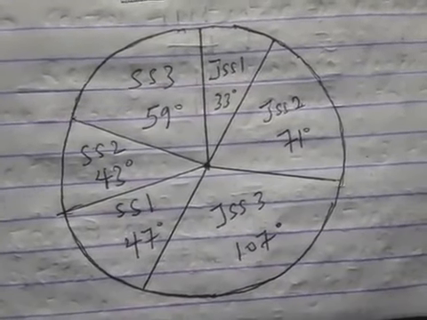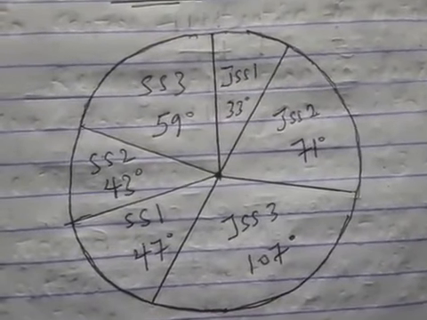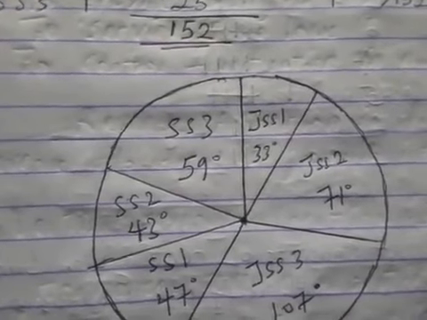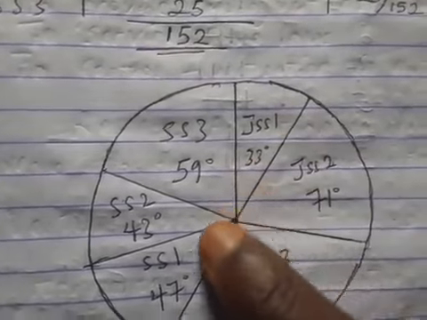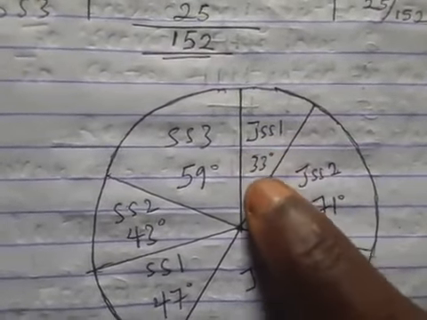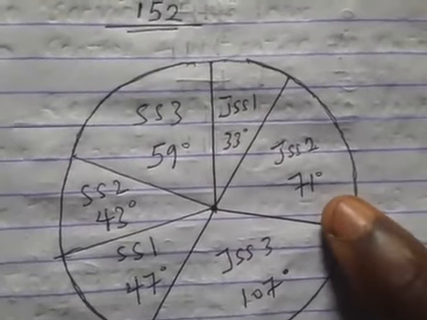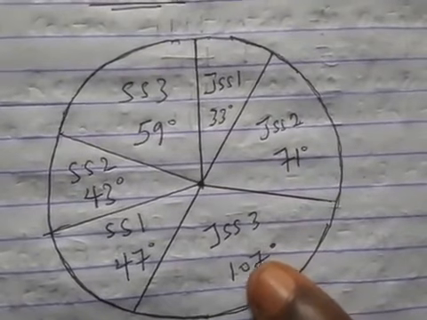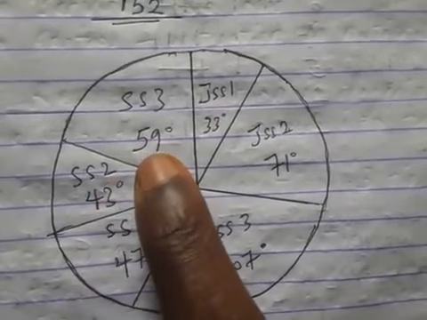So we apportion it to each class. You can see JSS1 has 33 degrees. I think that is the smallest, so they will have the smallest part in the sector. JSS1 33 degrees, JSS2 71, a larger part. JSS3 107, SS1 47, SS2 43, SS3 59.